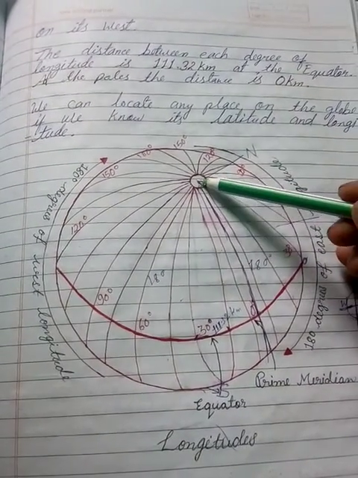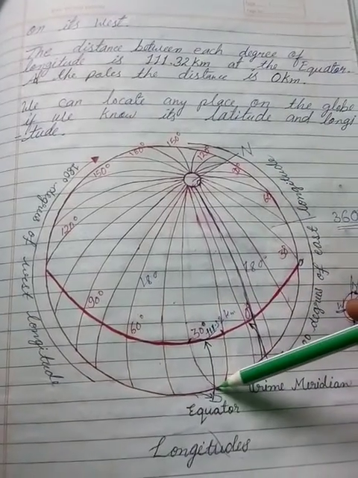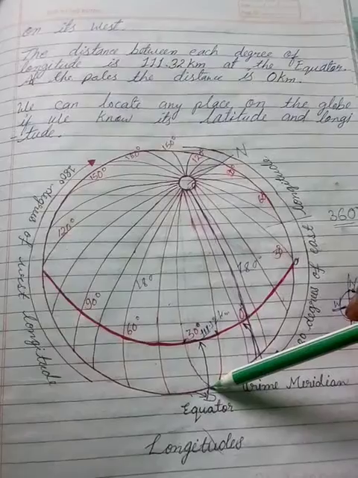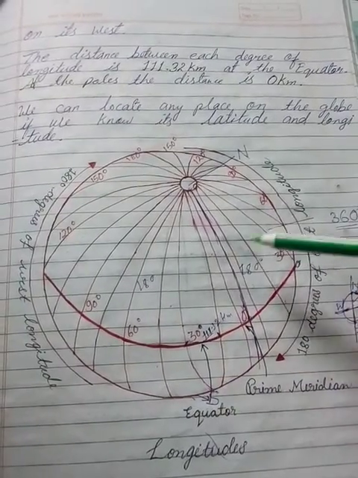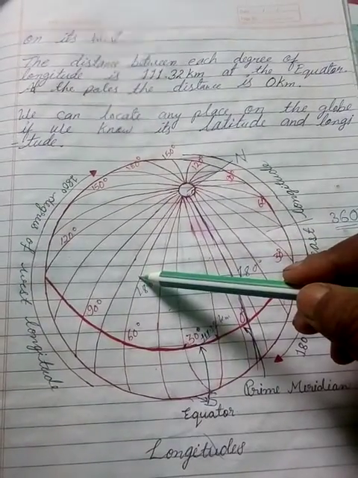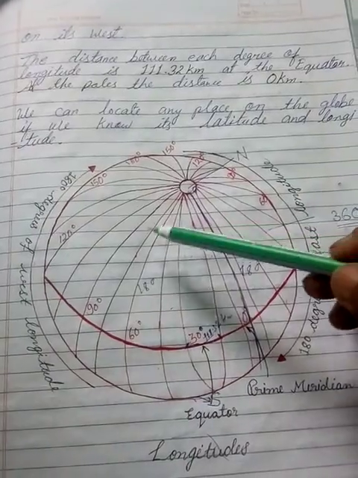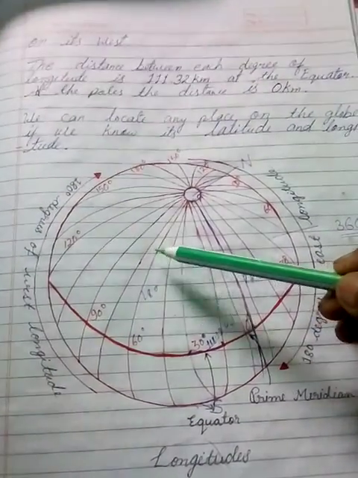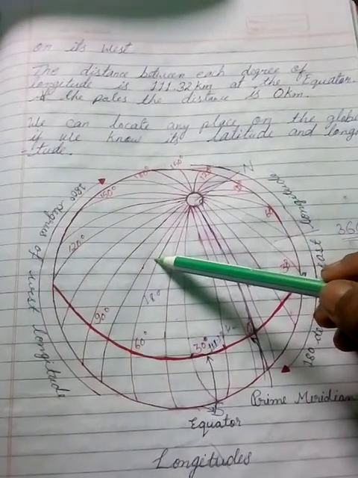They are vertical imaginary lines. They divide our earth into two parts, called two hemispheres, the east hemisphere and the west hemisphere. There are 180 longitudes in the east hemisphere and 180 in the west hemisphere.